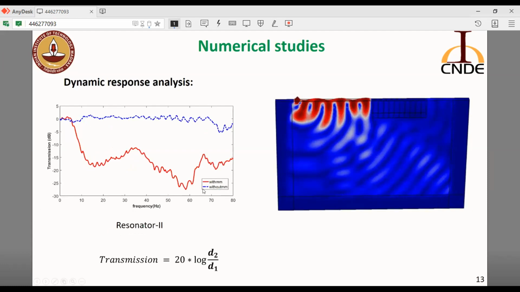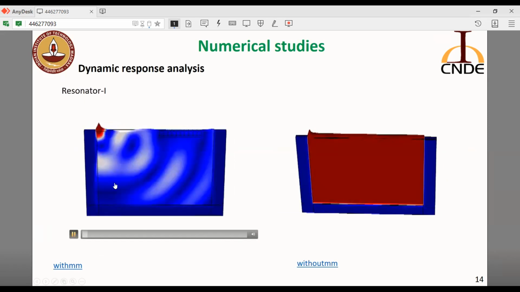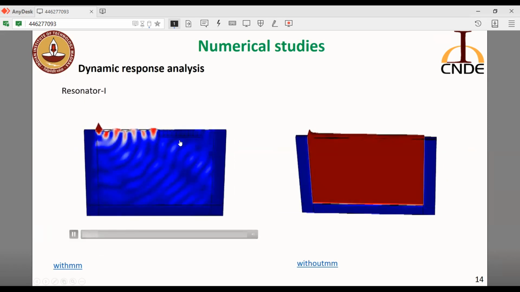So moving forward, this is the visualization animation. We can see how it works. This is with metamaterial, and we can see that the wave is not passing our metamaterial.